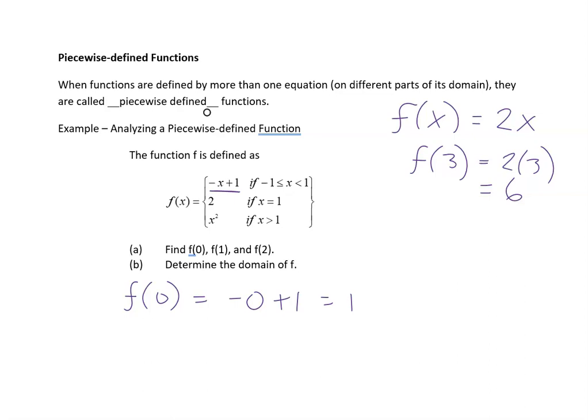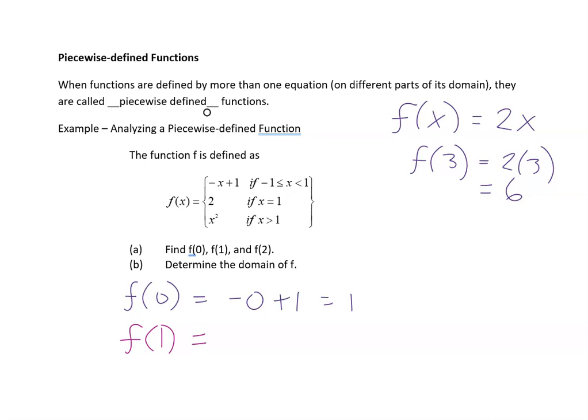Now let's look at f of 1. Well, f of 1, again, we have to figure out where it falls into the domain. So we come up here and we say, okay, is it between -1 and 1? Is it equal to 1? Or is it greater than 1?